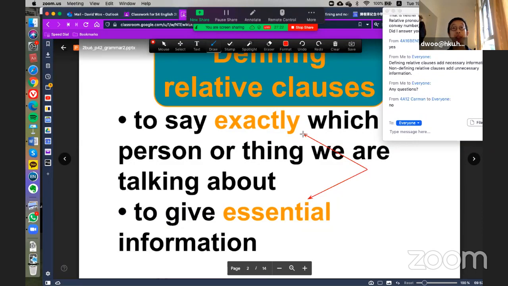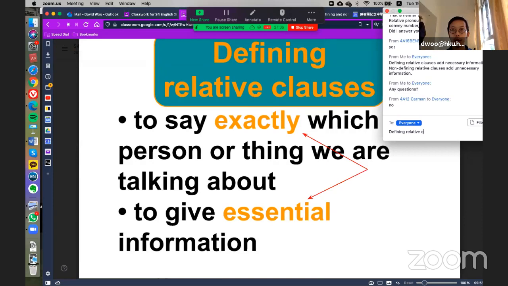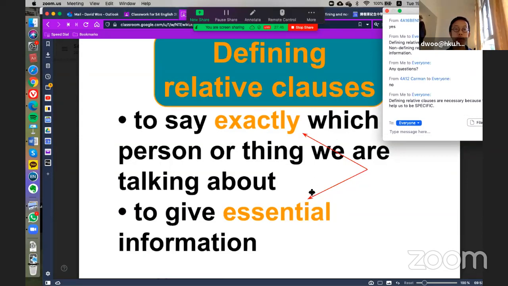To be specific. Okay. So defining relative clauses help us to be specific. I'll write that down. That's a good one. Defining relative clauses are necessary because they help us to be specific. That is, to provide essential details.